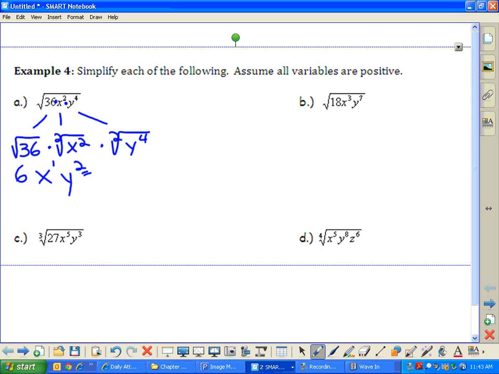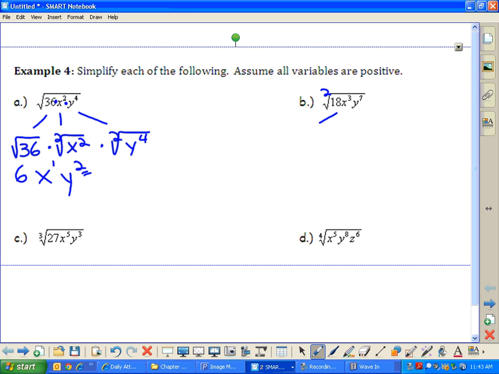True story. So if we take a look at part B, you can see that it gets a little dodgier because we're taking a square root, but then our exponents are odd. So I have to show you how that works out. I am, step 1, going to break the radical apart into its individual pieces, its factors.